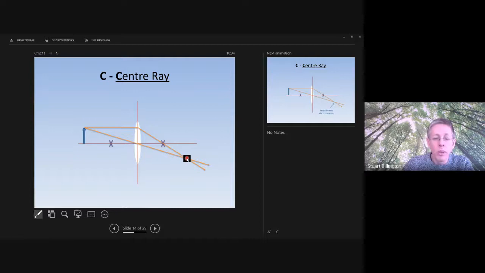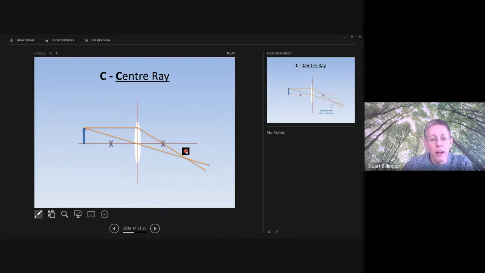We can play this game for all the other rays of light as well. So if you start at a point halfway down the arrow, it would travel horizontally across, it would hit there, it would go through the focal point, and it would carry on over here somewhere. And then you could play it with the center ray, and it would go through there, and it would carry on, and it would also end up here somewhere.